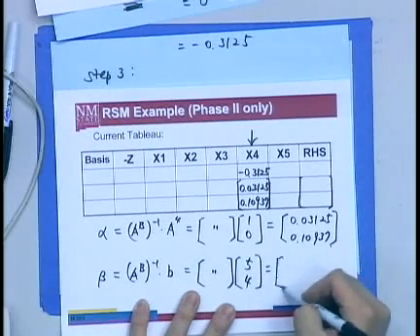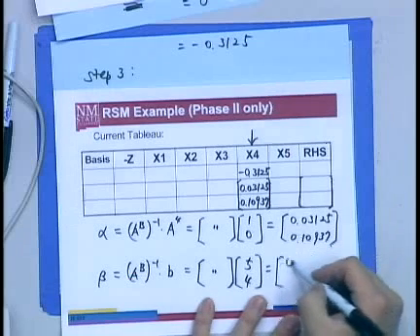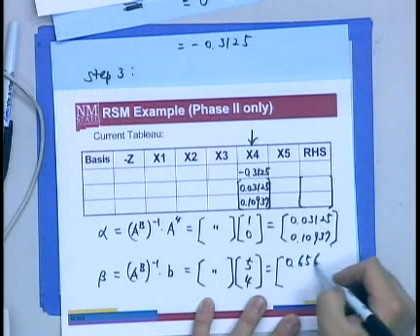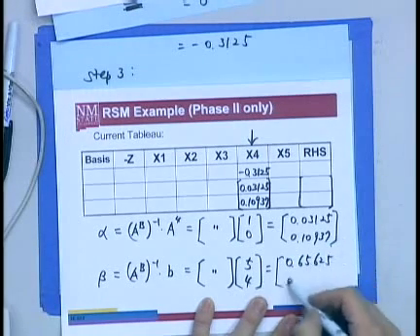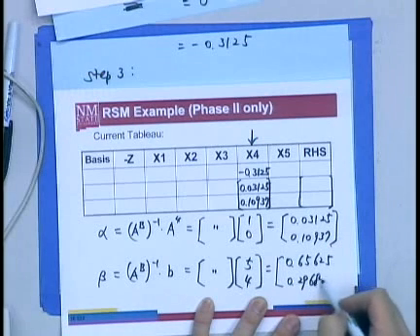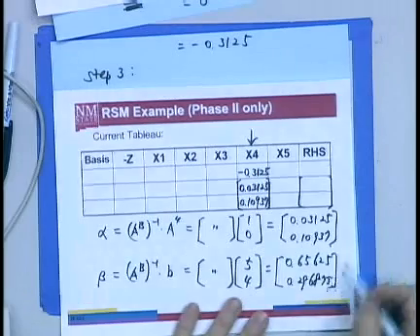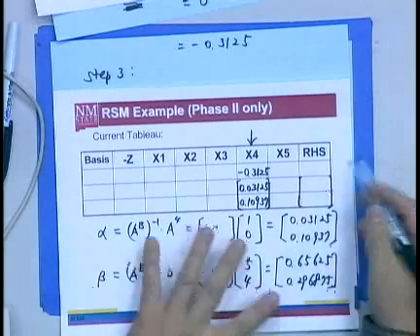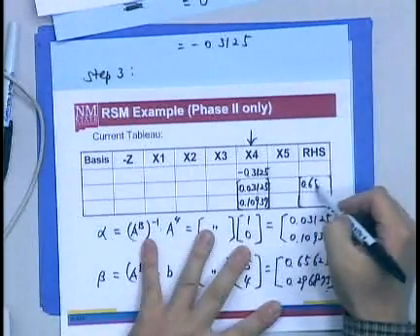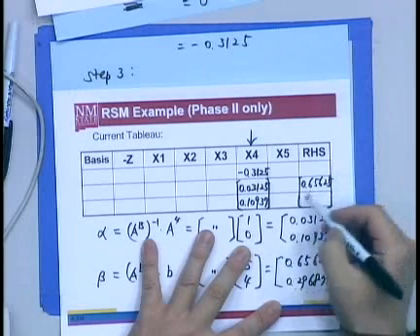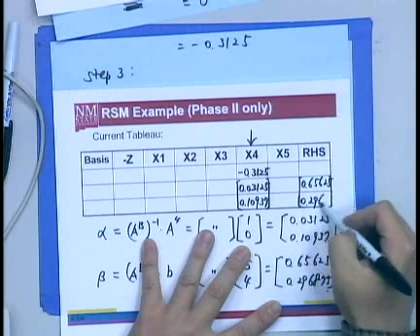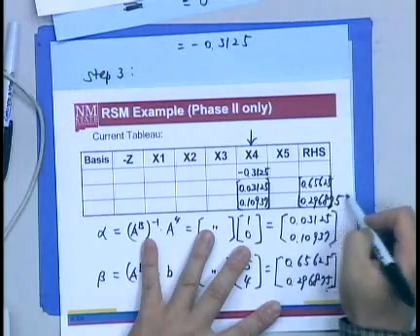And I've got this value, which is 0.65625, 0.296875. Okay? So we can add this value to the current table.